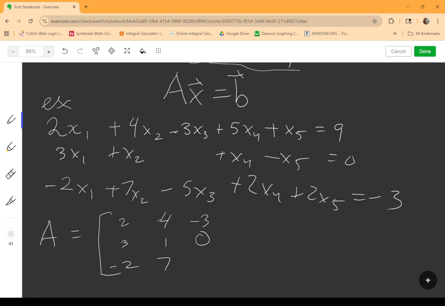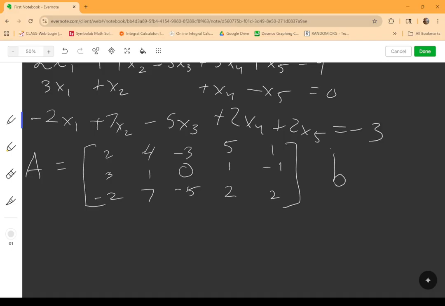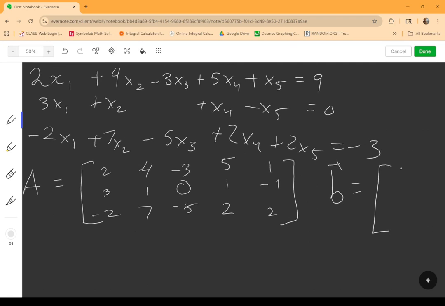So we put 0, negative 5, and then 5, 1, 2, and then 1, negative 1, 2. All right, so that is my matrix of coefficients. Now the vector of constants is just what they're each equal to: 9, 0, negative 3. So that is my vector of constants.